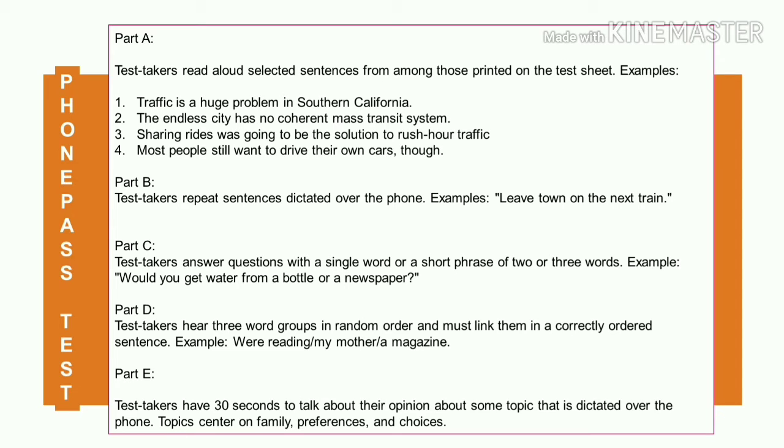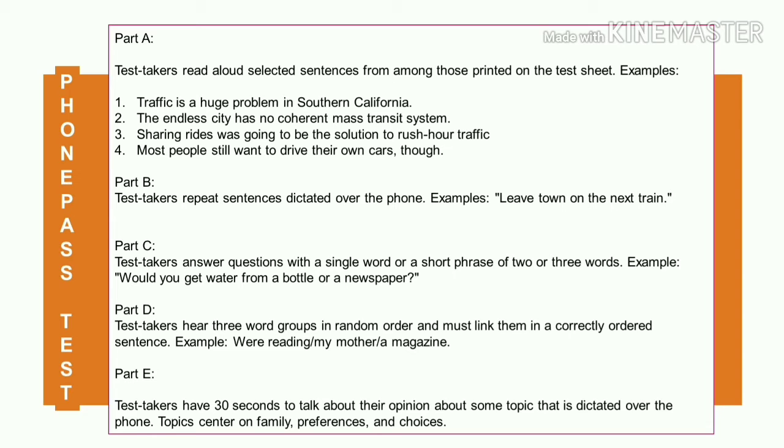Part C. Test takers answer questions with a single word or a short phrase of 2 or 3 words. From the example questions, would you get weather from a bottle or a newspaper? Then, the student will answer the question with a short phrase, yes, I would.